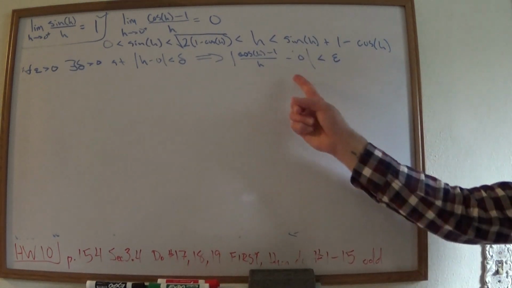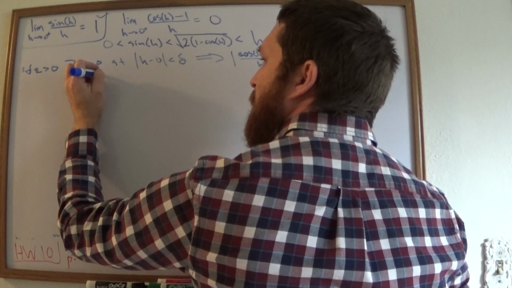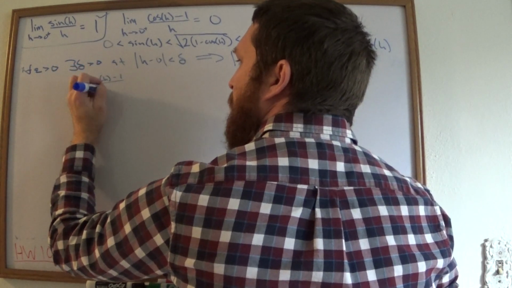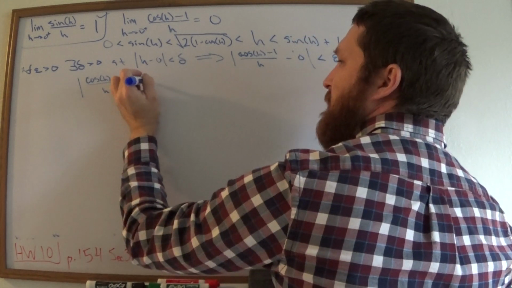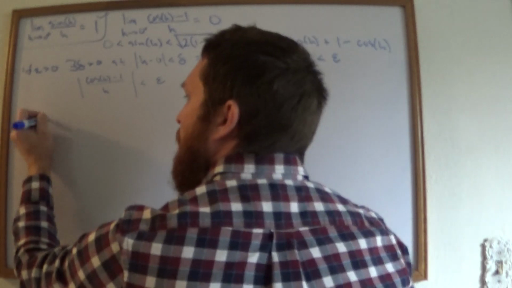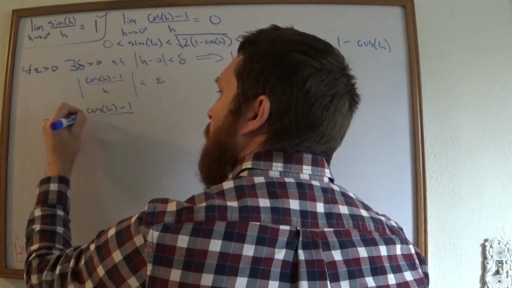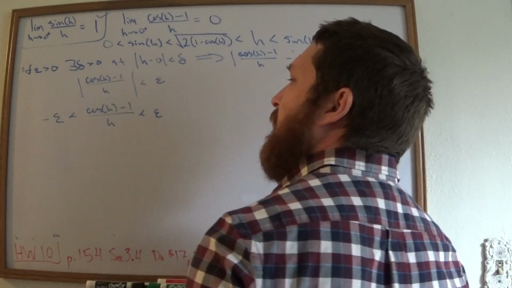But that's really easy to take care of. Minus 0 doesn't mean anything, really. And so, minus epsilon less than cosine h minus 1 over h less than epsilon.